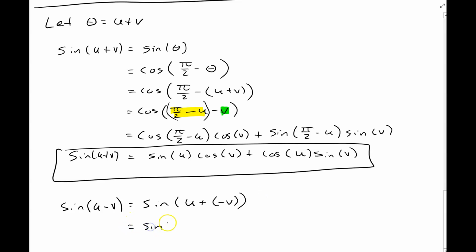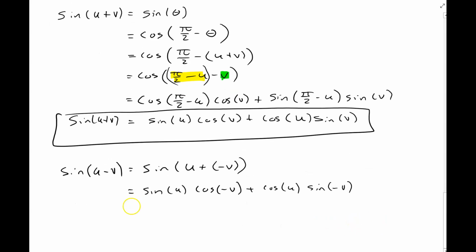So that's going to be sine u cosine negative v plus cosine u sine negative v. And if I use my odd-even identities, cosine of negative v is cosine of v, and sine of negative v is negative sine v. So I'll just put the negative out front and turn it into a subtraction problem. And I'm done with that one.